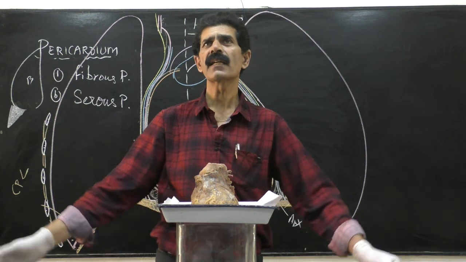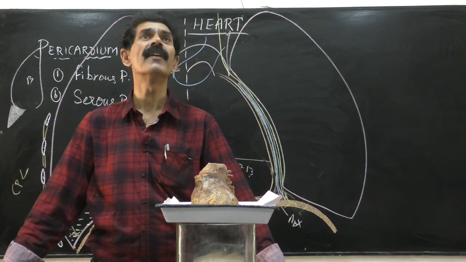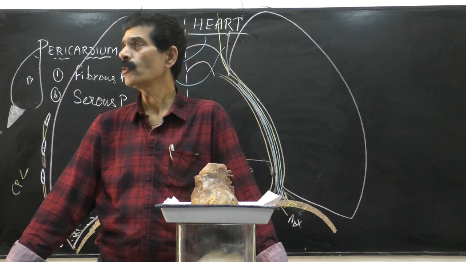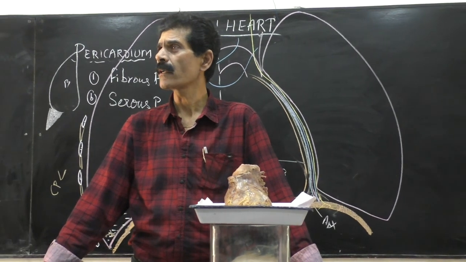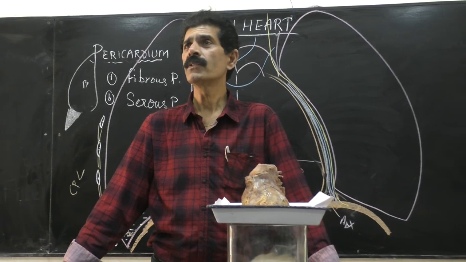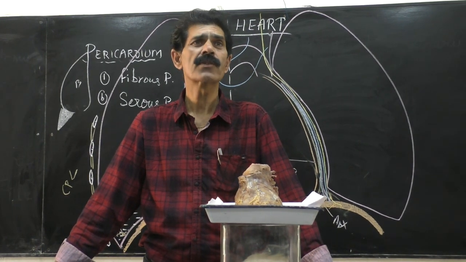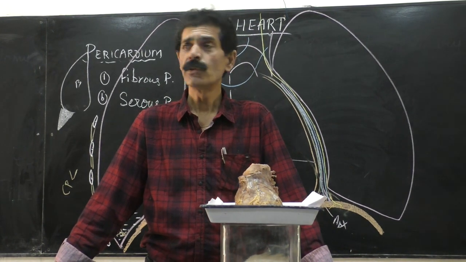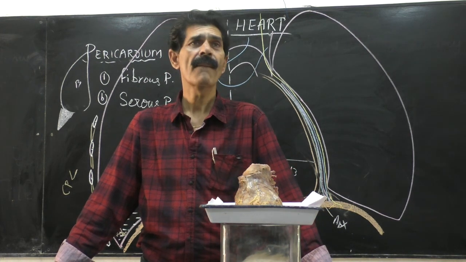This is not present everywhere in the human body. Very few areas are there where the artery, vein and nerve accompany each other. And what word do we use for them? Neurovascular bundle.